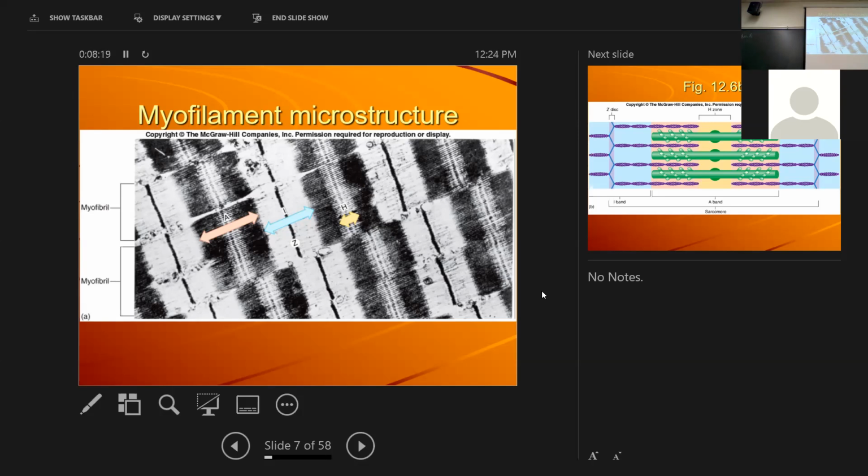And the myofibrils are organized into repeating units called sarcomeres. And the sarcomeres have several different regions in them. So the sarcomere, first of all, goes from a Z disc to another Z disc.